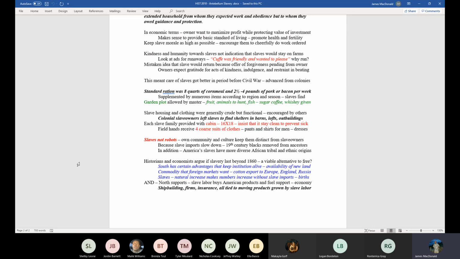If it is, why did the whole Southern economy crash after emancipation? Because slaves were taken out of it. 4 million were freed. The road to wealth was through slavery. Those who were not slave owners wanted to be slave owners. So again, it would have probably continued if it were not for emancipation.